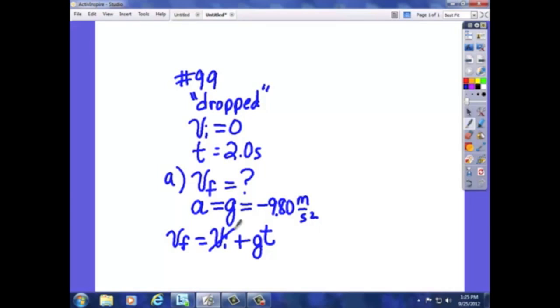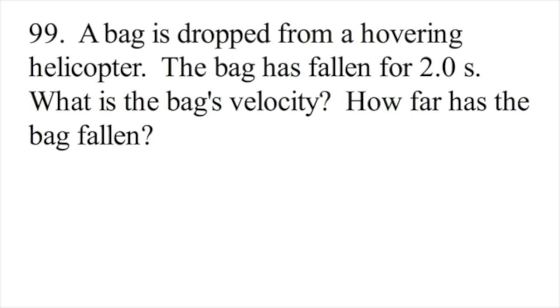And I'm going to have a final velocity of negative 19.6 meters per second on my calculator. Now, what I also want to realize is two significant figures will give me then an answer of negative 20. meters per second. And the negative just simply means downward.